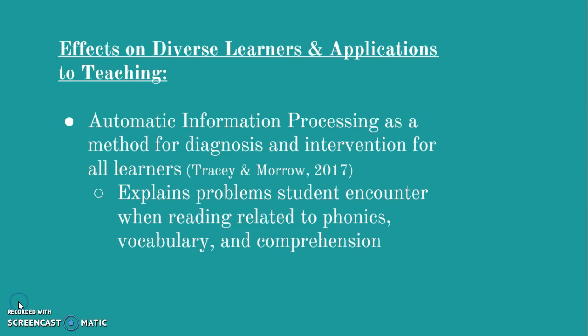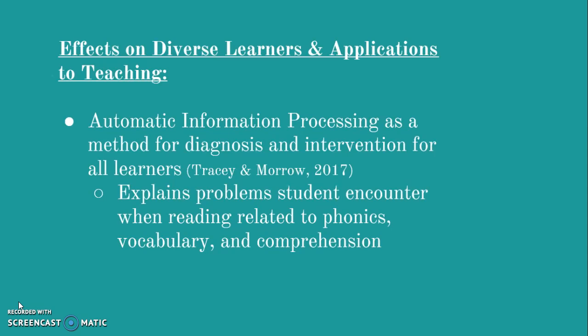The automatic information processing model can serve as a method of diagnosis and intervention for all learners. The model explains problems that students encounter when reading related to phonics, vocabulary, and comprehension. If a student is struggling to comprehend a text, then there may be an issue related to phonics, where the student is placing too much attention on decoding words.